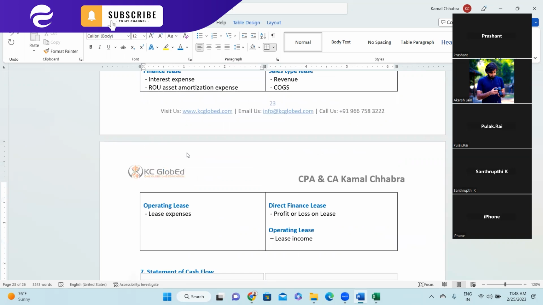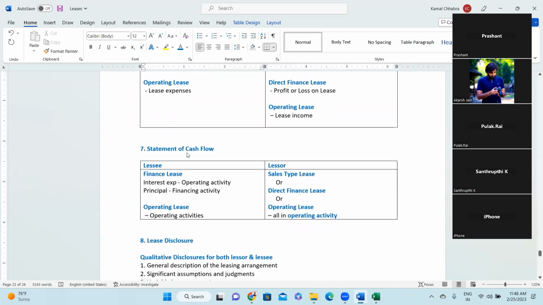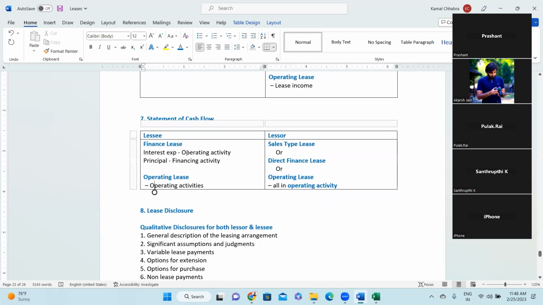In case of direct finance lease, the profit and loss on lease needs to be recognized. In case of operating lease, finance or lease income should be recognized. And then in the cash flow statement, whether it's a sales type lease, finance lease, or operating lease, everything will go into the operating activity because you are into the leasing business.